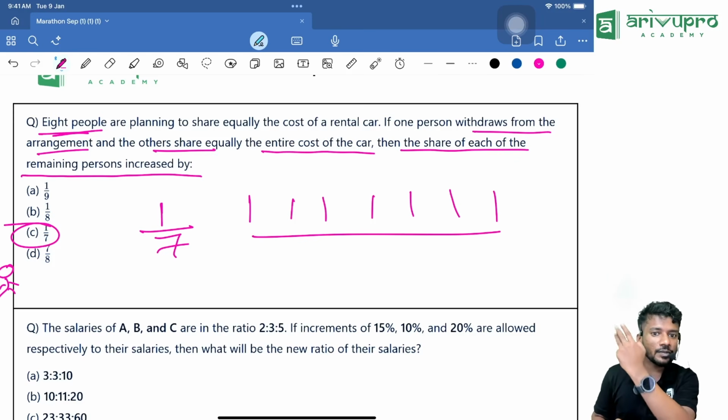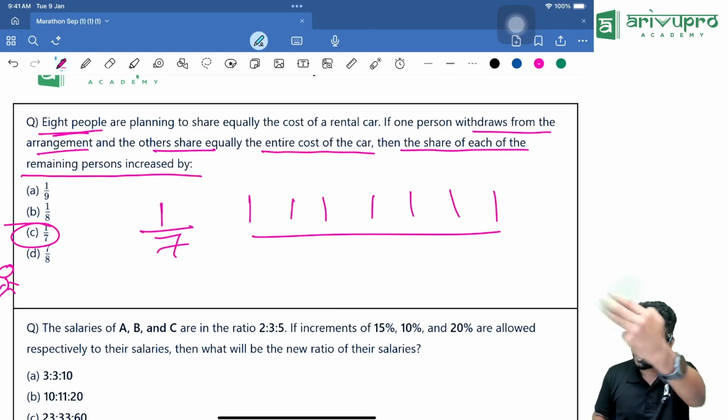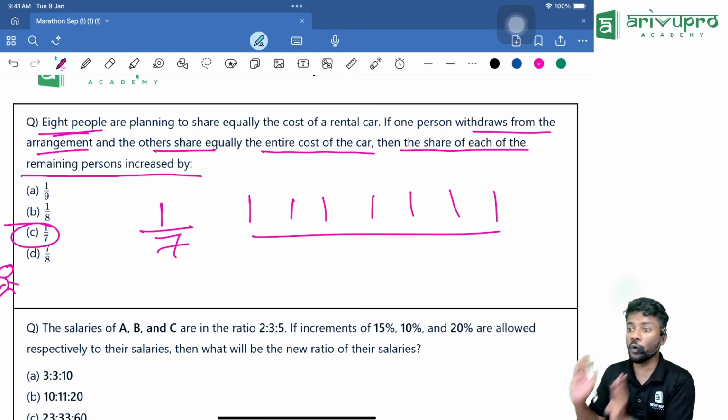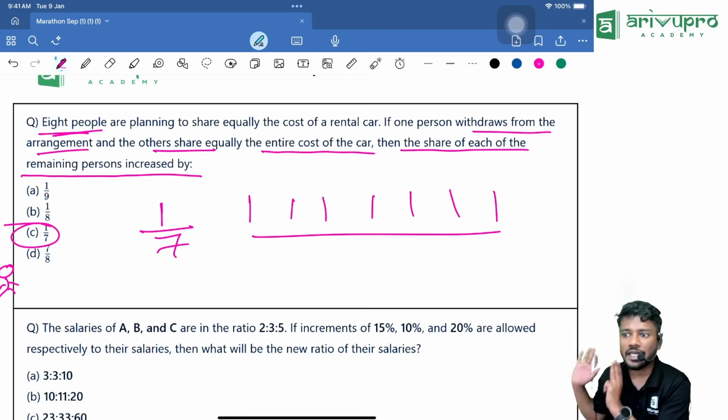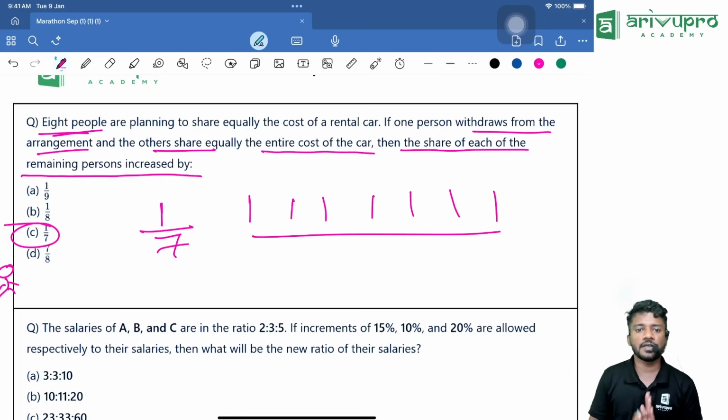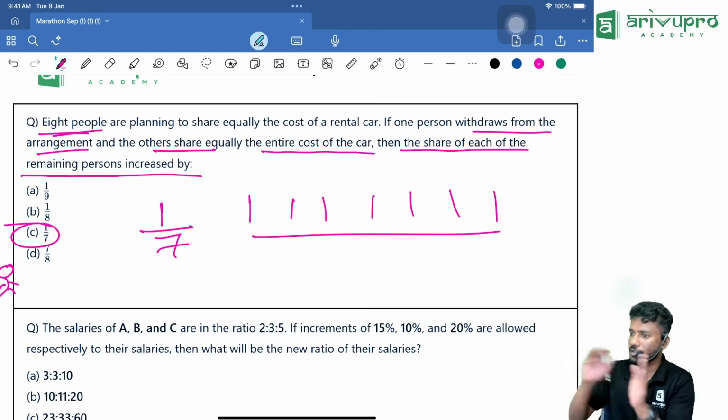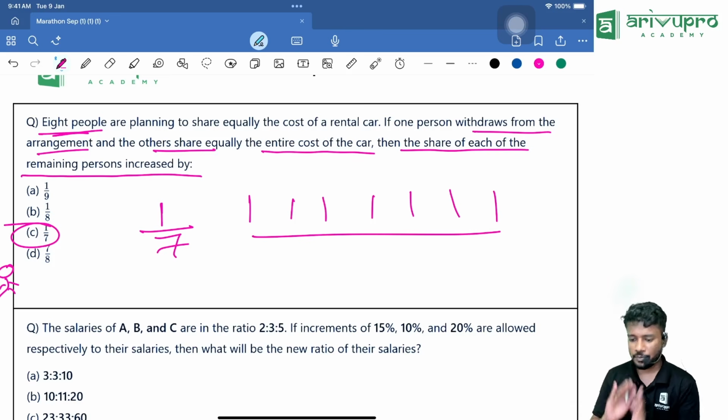Yes, 3 shares will be there. We need to take those 3 shares and divide between whoever is currently there. 3 by 97. If all 100 people left, nothing to share. If only one person is remaining, those 100 shares will go to that person. That person alone should take care of that 100 share.